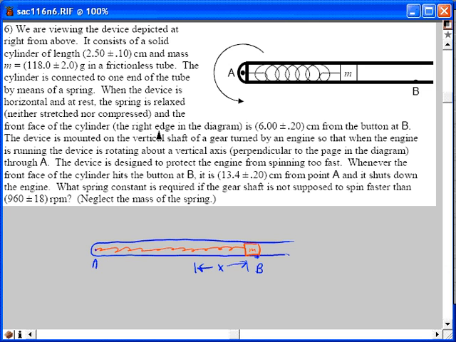So front face, okay, if it moves from here to there, it moves a distance 6 centimeters, then the back face has to move the same distance, and how far the back face moves is how far the spring stretches. So this is x right here, so equals, I'll call it 0.0600 meters.